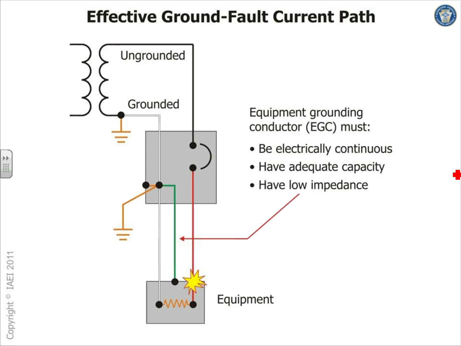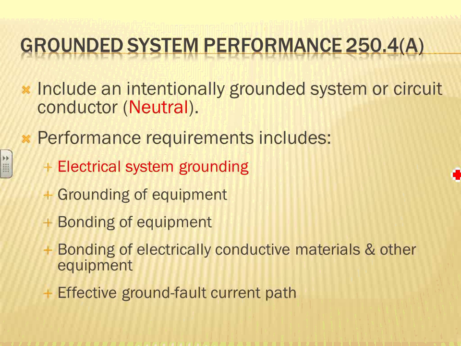It will facilitate the return of the current to the transformer when you have a ground fault, and it will hold the ground fault long enough, it's not going to burn, long enough for the circuit breaker to trip. I'll talk about this when we talk about the overcurrent protection device today, guys.